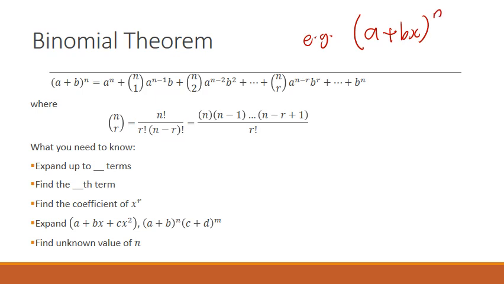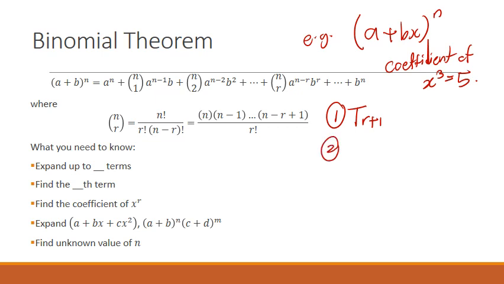They tell you what a and b are. Then they tell you that the coefficient of x cubed equals, let's say, 5. So what you need to do, no matter what, the first step will always be to find the general term.